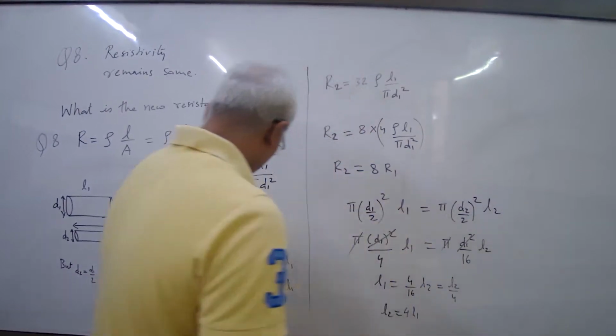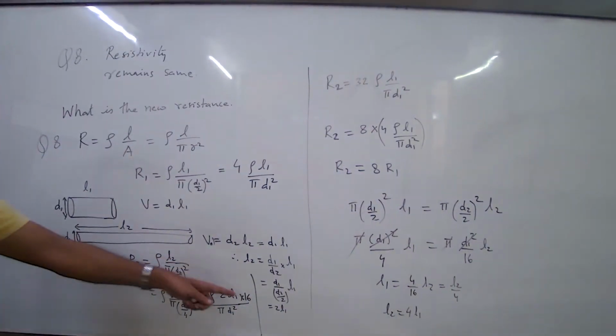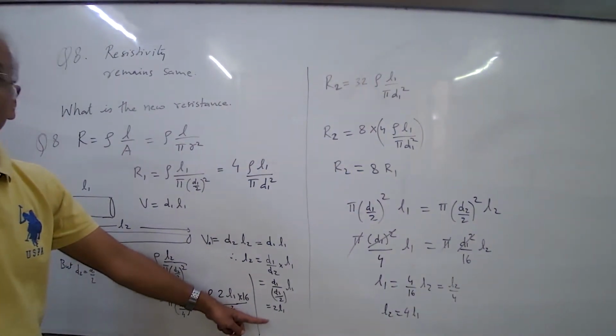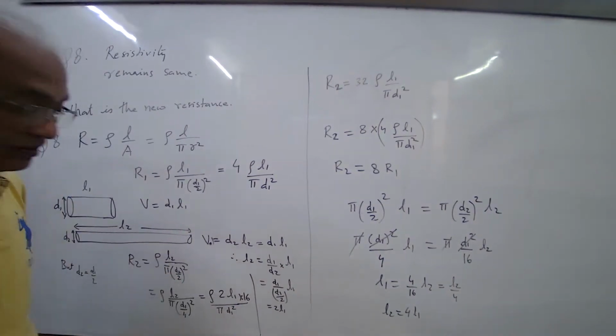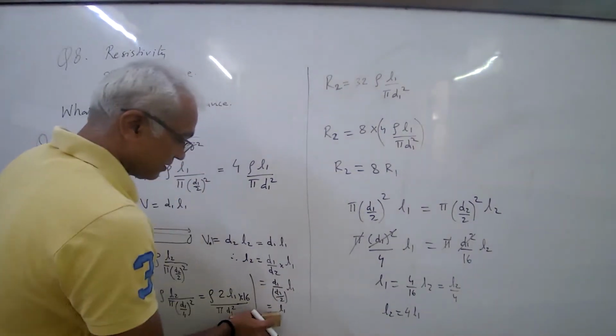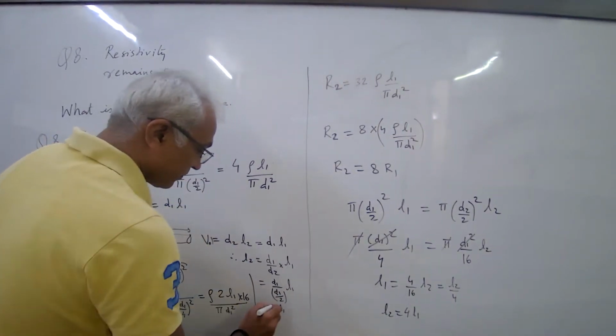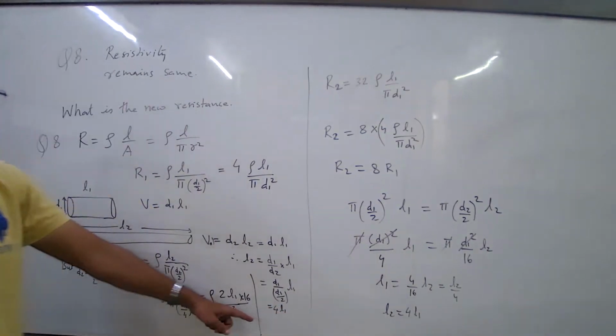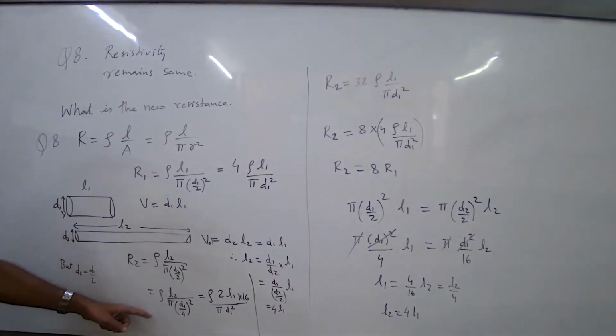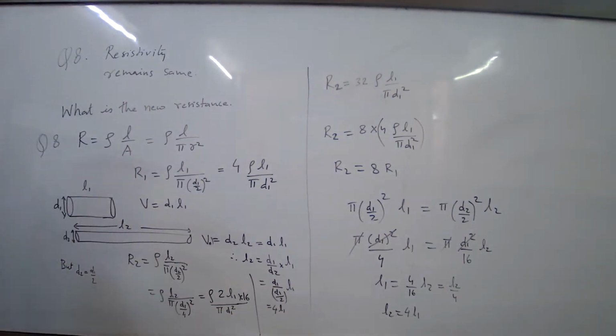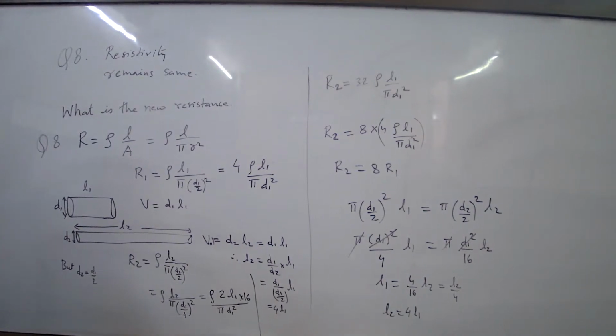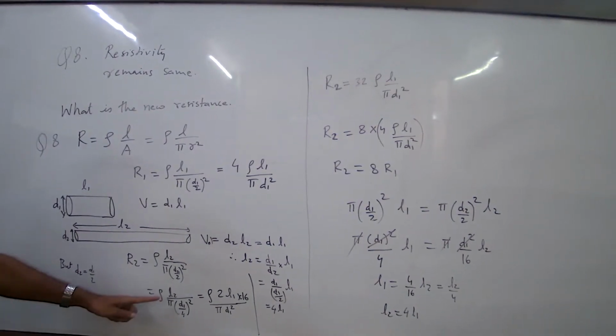Bravo. So what are you getting here? L2 is not 2L1. L2 is 4L1. Inside it is 16. So L2 is 4L1. Where is L2 written? Here.